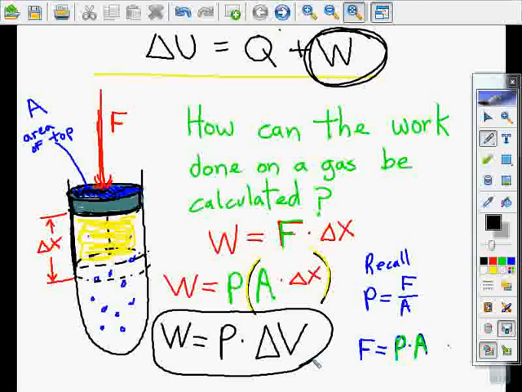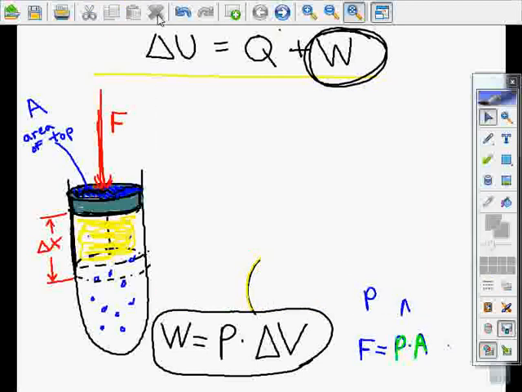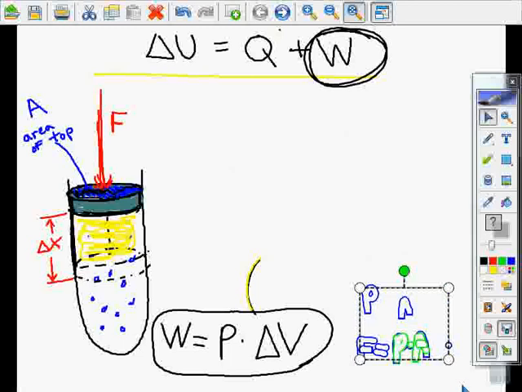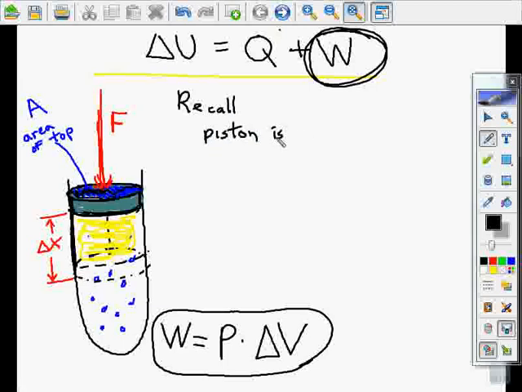But we have a little final glitch that we have to take care of. Well, the piston is pushed down.